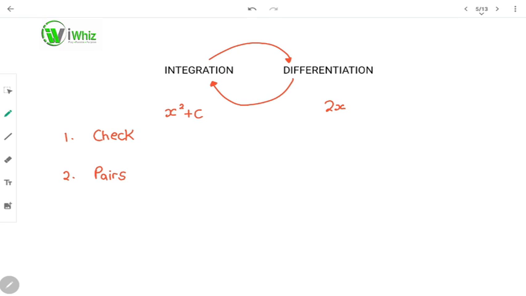Now with this, if you go back to the example that we've worked with, it is very important that you understand that the integral we were working with is an indefinite integral. So we were working with indefinite integrals. A definite integral will look something like this with an a value and a b value. So look out for more videos that will help you understand indefinite and definite integrals.